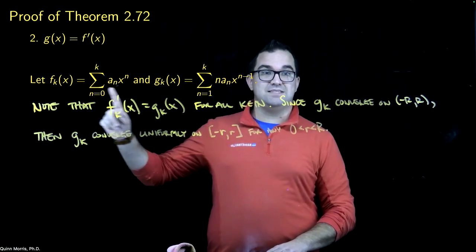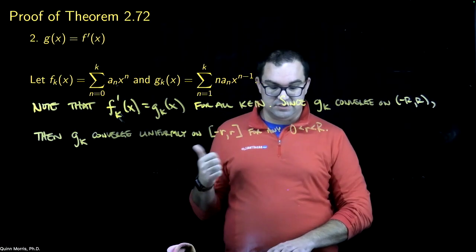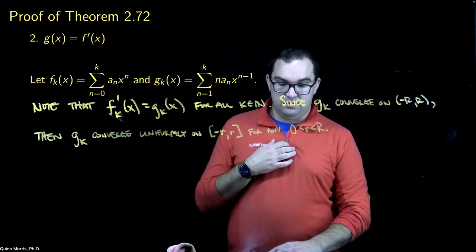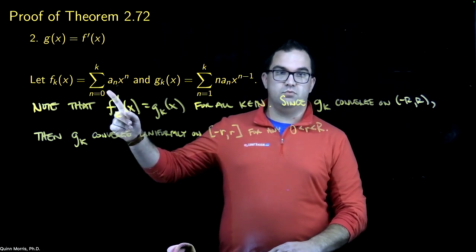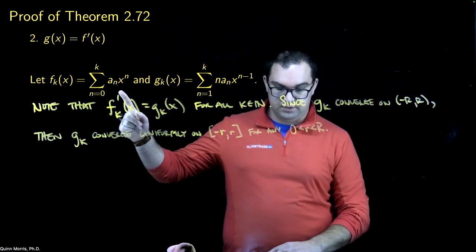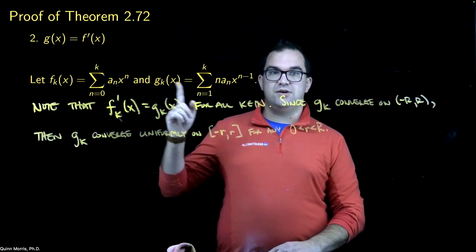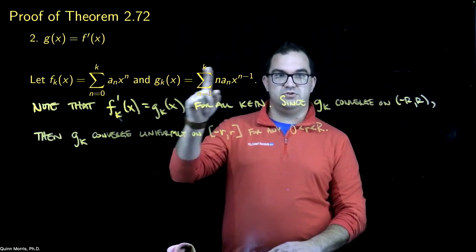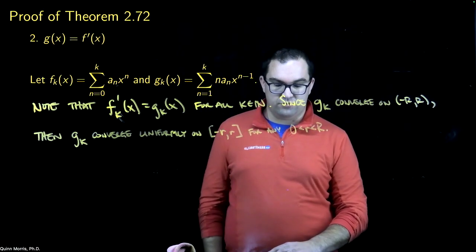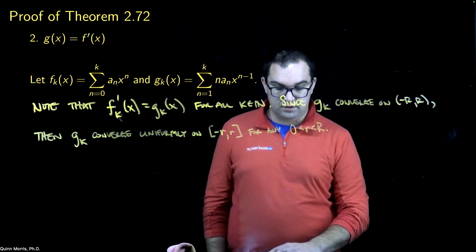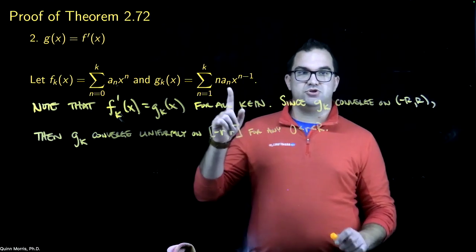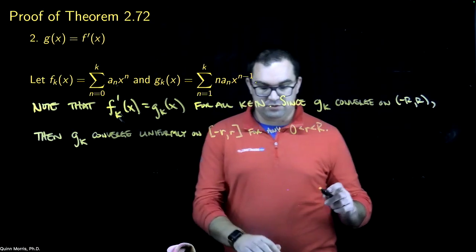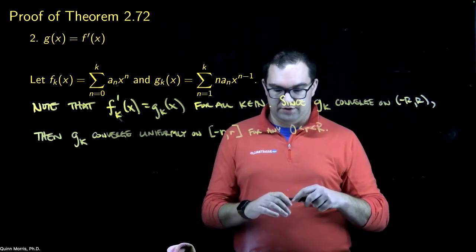Each of the f sub k's is a polynomial, so it's continuously differentiable. That was theorem 2.68 if you want to go back and reference that.